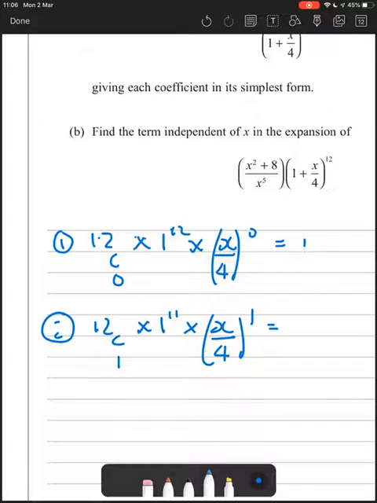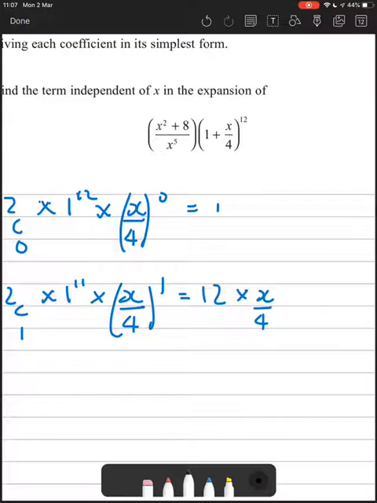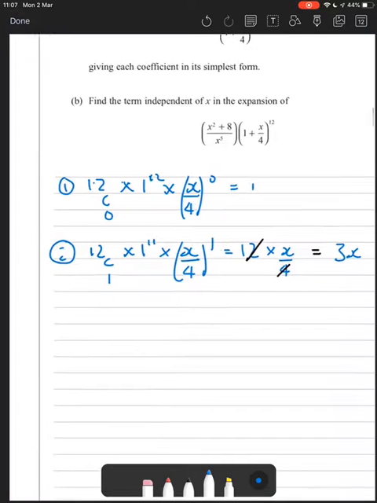So if you use your calculator, you'll find that 12 choose 1 is actually just 12. And then we can multiply that by x over 4, which cancels out nicely to give us 3x. So we can move on now to our third term.